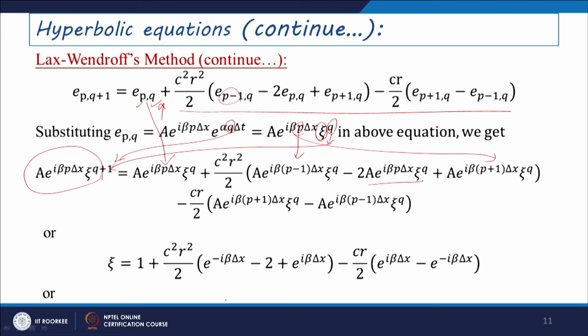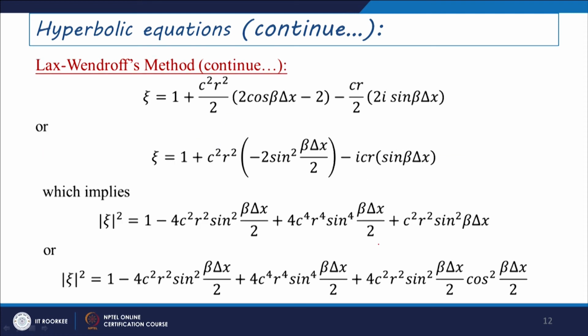So, zeta equals 1 plus c square r square by 2 into e to the power i beta delta x minus 2 plus e to the power i beta delta x, minus c r by 2, and this is e to the power i beta delta x minus e to the power minus i beta delta x.